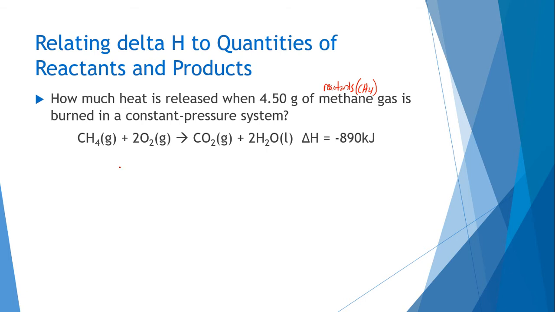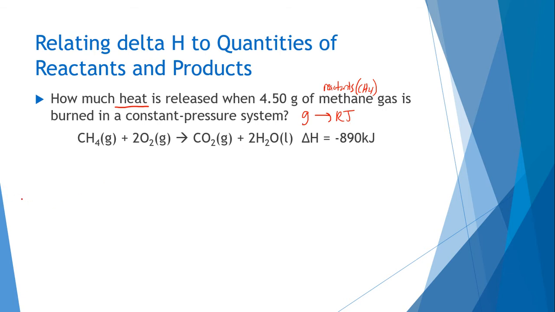So just like any stoichiometry problem, we always have to start with what we're given. And here we're going to see that we're given grams, and what we want to get to is how much heat. Well, heat is going to be in kilojoules. So I have to somehow get from grams to kilojoules.